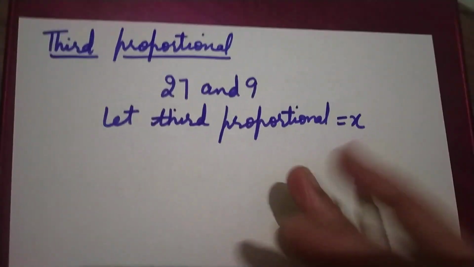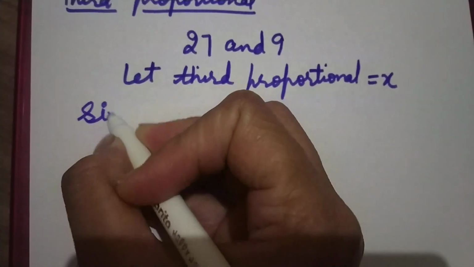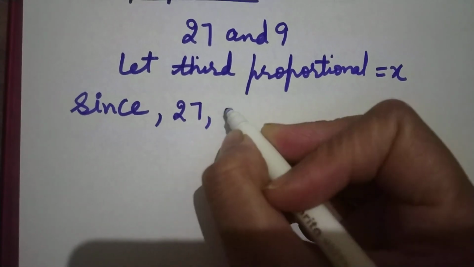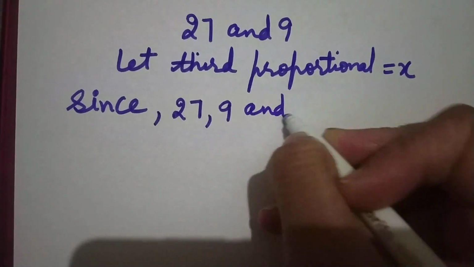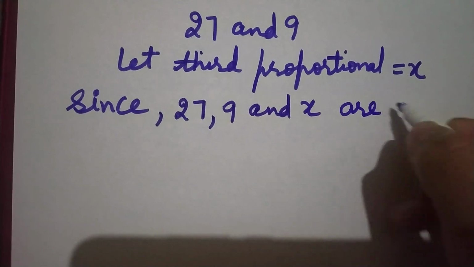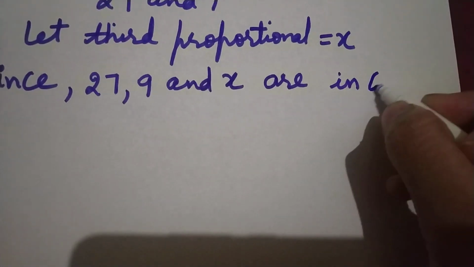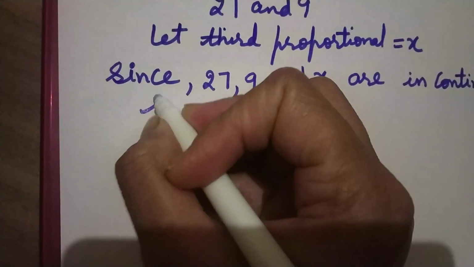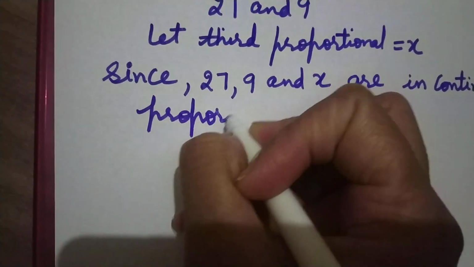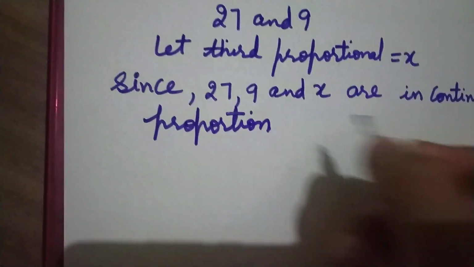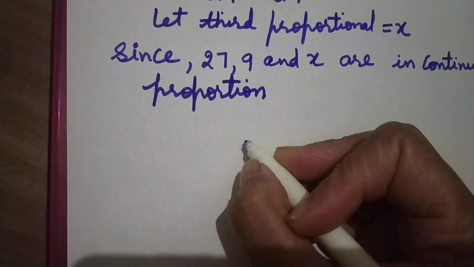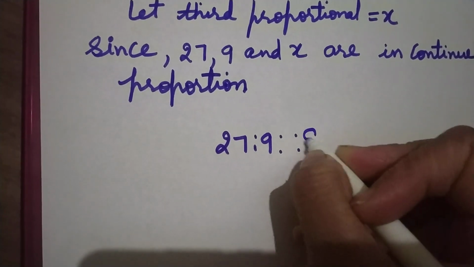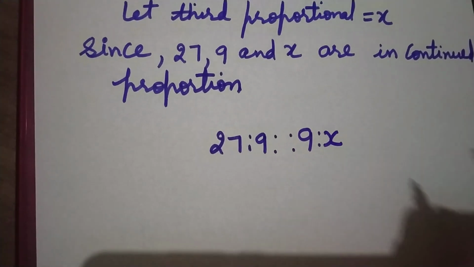Since 27, 9 and x are in continued proportion, then 27 ratio 9 is proportional to 9 ratio x.